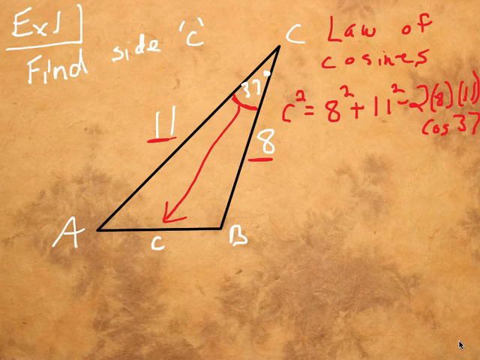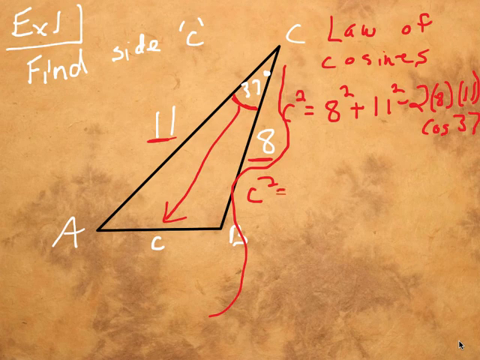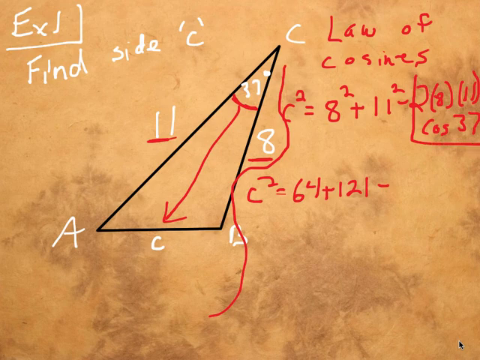So let's clean this up a little bit. We'll have C squared. I'm going to kind of squiggle down here. So that's 64 plus 121 minus, let's go ahead and punch all this in, 2 times 8 times 11 times cosine of 37.